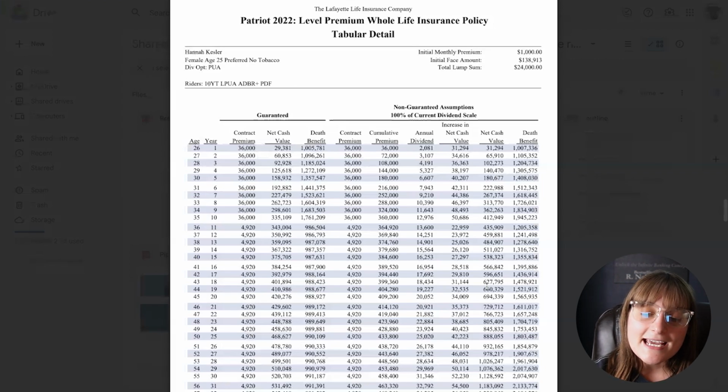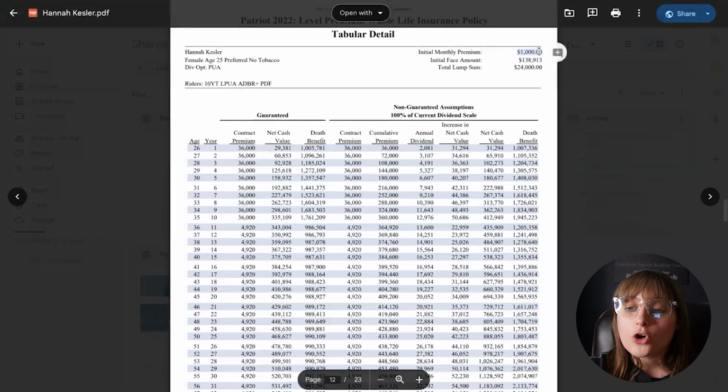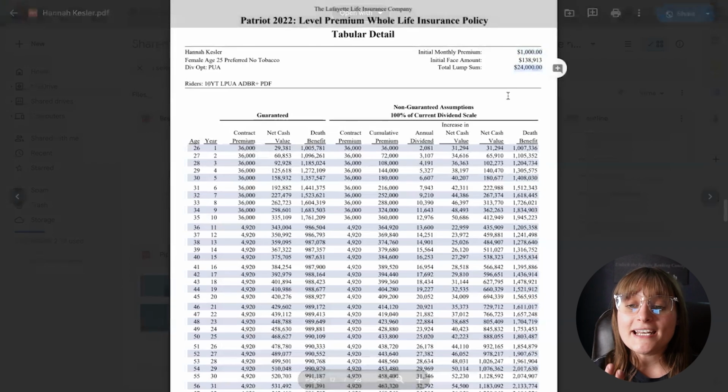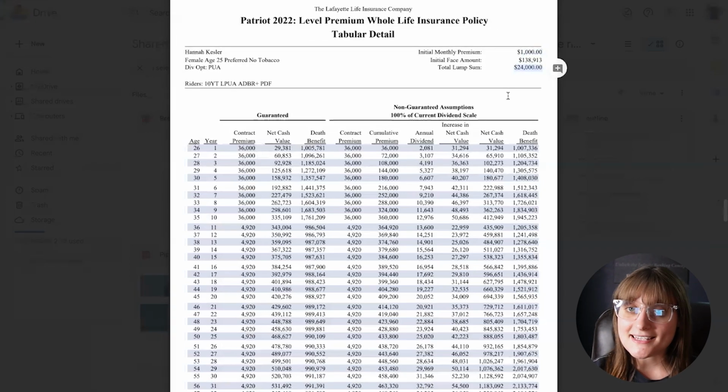And so what I did is I designed him a policy, or in this example here, Hannah Kessler a policy, where it's going in $1,000 a month premiums, but then having the wiggle room to deposit an extra $2,000 a month inside of the policy, so that when I receive that tip money, I'm able to put that tip money into my policy.